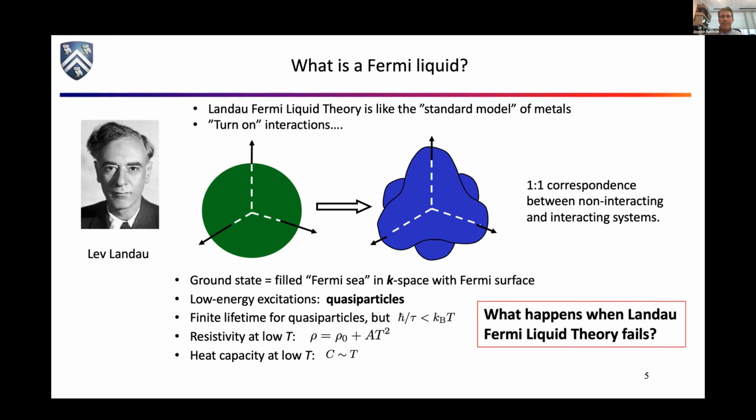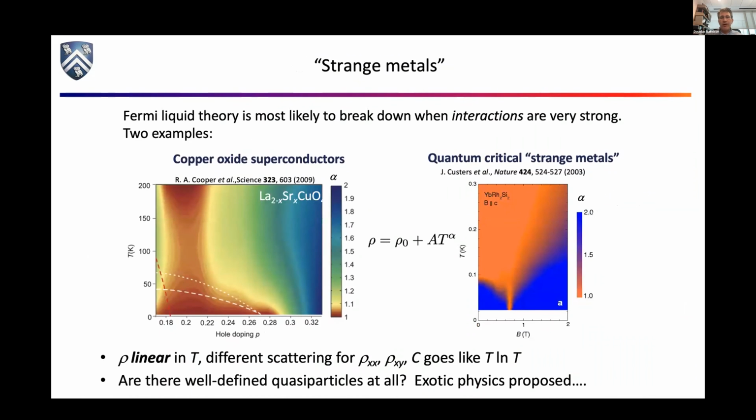So what happens when Fermi liquid theory fails? You've already heard in the session this morning about examples of so-called strange metals, right? Fermi liquid theory can break down when the interactions are very strong. I'm not going to really talk about the cuprates, but again, you've heard a couple of different talks this morning about YbRh2Si2 as a quantum critical strange metal.